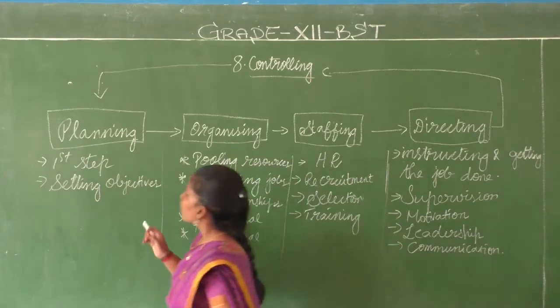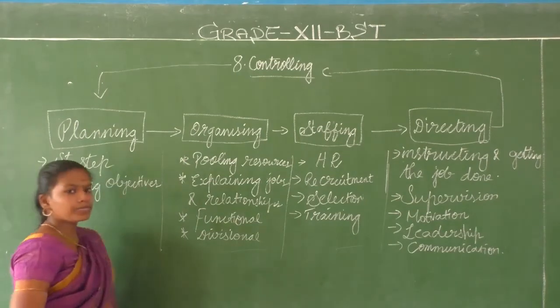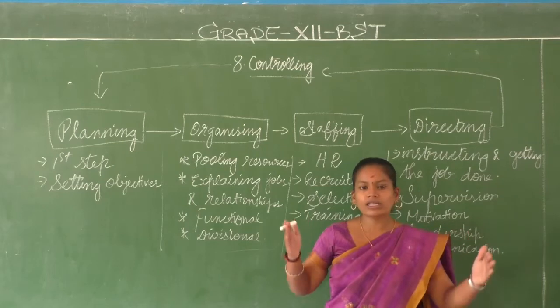Right, children? So what are the various managerial functions? Any management would have planning, organizing, staffing, directing, and controlling. When I say any management, it is not only business organization. These managerial functions are not only for profit organizations.